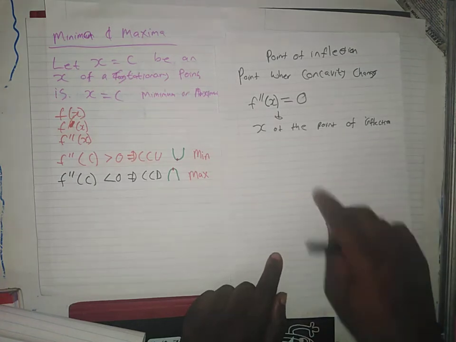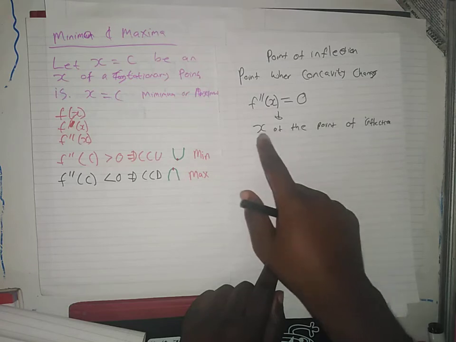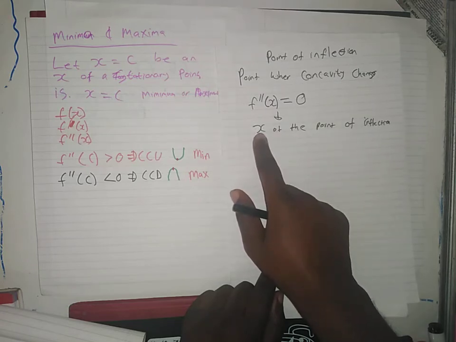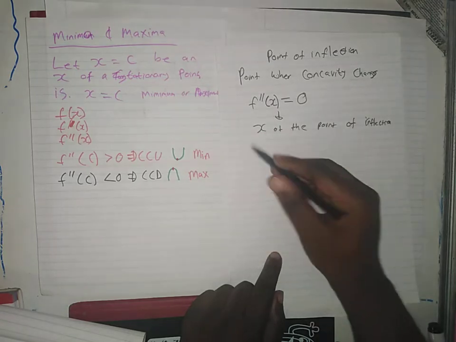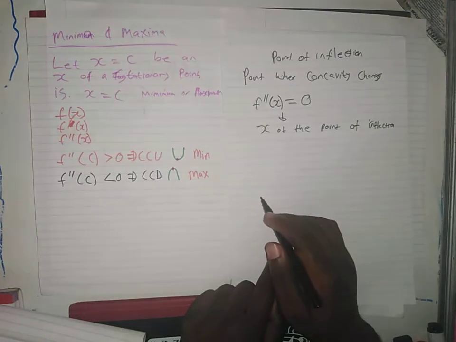Okay, now when you have found the x of the point of inflection, you need the y value of it. If they said just find the point, then you need to take the x and substitute it into the main equation, not this equation.